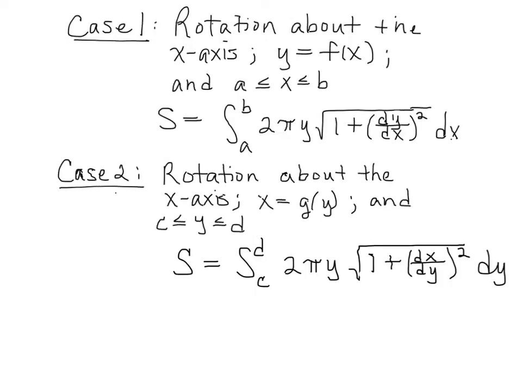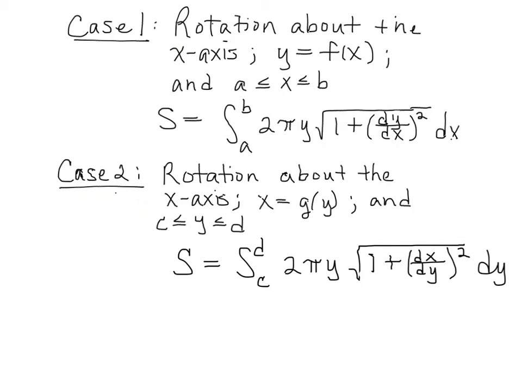This brings us to the following. Case 1: for rotation about the x-axis of a function y equals f of x, with x between a and b, the surface area is the integral from a to b of 2 pi y times the square root of 1 plus (dy/dx) squared, dx. Note that we're just taking into consideration the arc length from the previous section.